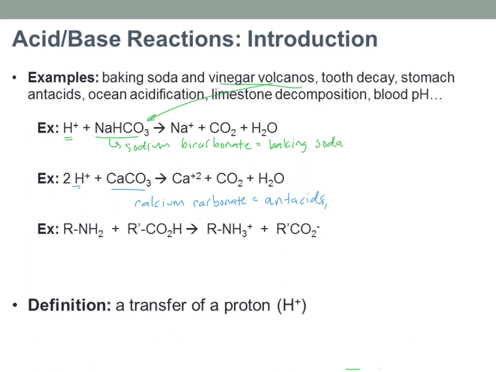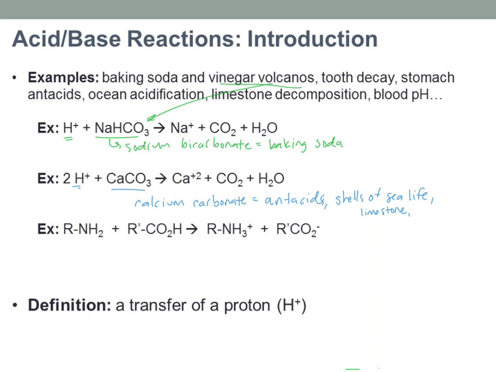It's also found in the shells of a lot of sea critters, like different kinds of planktons and actual things that you think of that have shells. It's also what makes up limestone. Calcium carbonate's a lot of things. It's chalk. It's all kinds of things. So here's another acid-base reaction in which calcium carbonate reacts with acids.